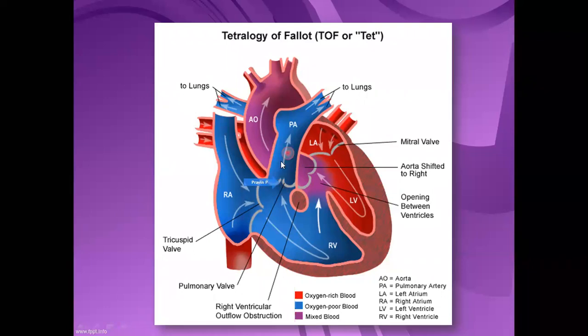Here the blood can't pass over properly. So in this area, due to this stenosis, only a small amount of blood can pass. So due to this, what happened? Instead of entering, this much amount of blood can't enter. So once again, what happened? They will get backflow into the right ventricle. Okay, so this is pulmonary stenosis.